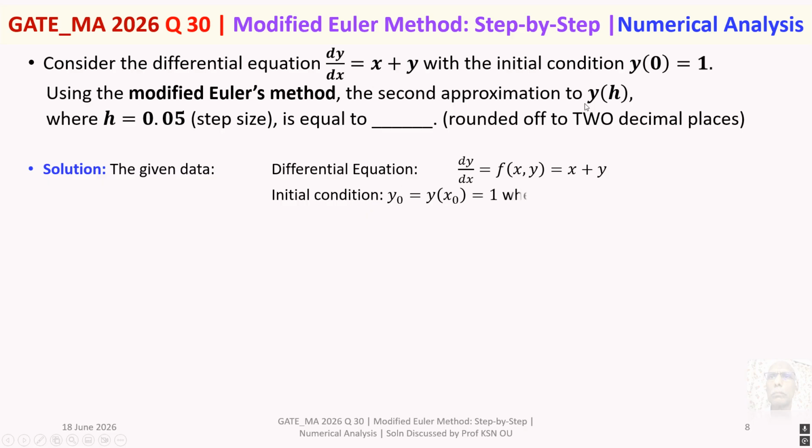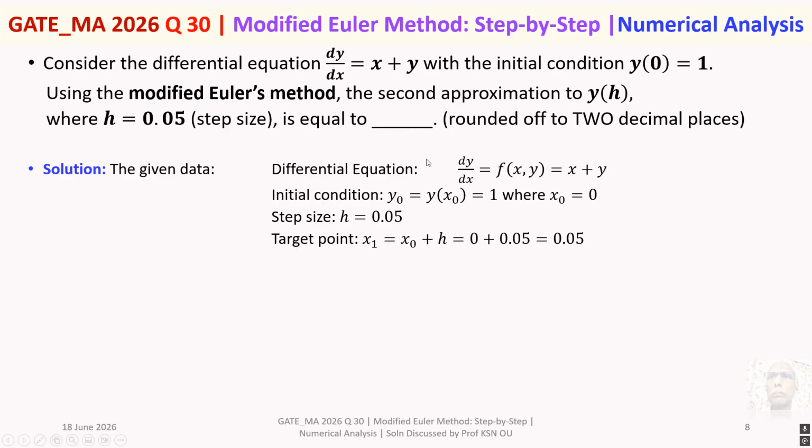The initial condition is y0, that is y at x0 is equal to 1, where x0 is 0. Now, the step size is given to be h is equal to 0.05. The target point is x1, that is x0 plus h, that is 0 plus 0.05, that is 0.05.